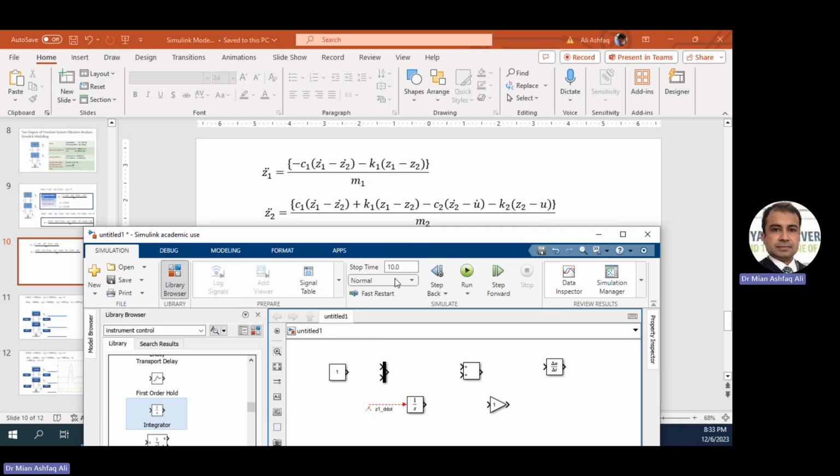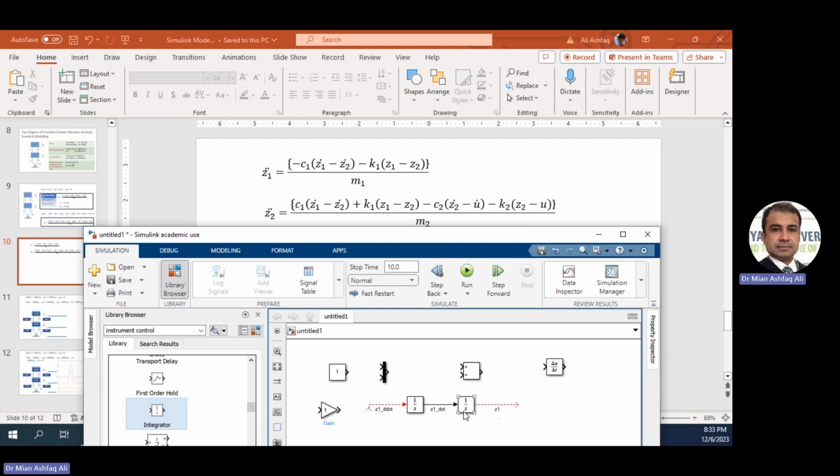If I have Z1 double dot, I can integrate this signal two times. So if this is Z1 double dot, this one is Z1 dot, and this signal is then Z1.